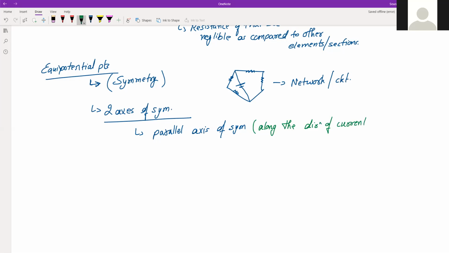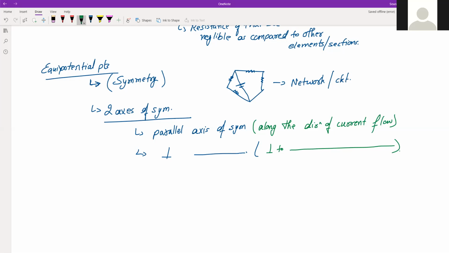That will be called the parallel axis of symmetry. And you must have guessed now that the second one will be the perpendicular axis of symmetry, right? That is perpendicular to the direction of current flow. So these are the two axes.